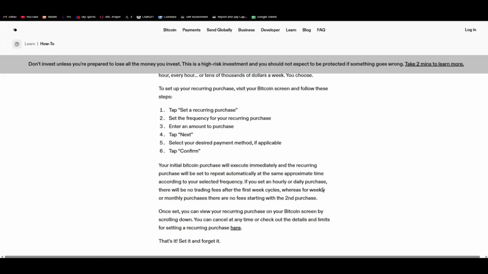I currently use a weekly DCA, so they obviously charge for the first week, but then going forwards, there are no fees at all. And it's all done automatically. You just have to make sure there's enough money in your account. So I highly recommend downloading Strike and checking it out. And just as a disclaimer, I've got no affiliation with Strike. I just find it's the best platform out of all the ones available.